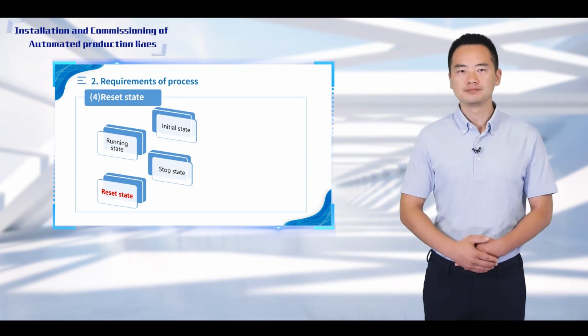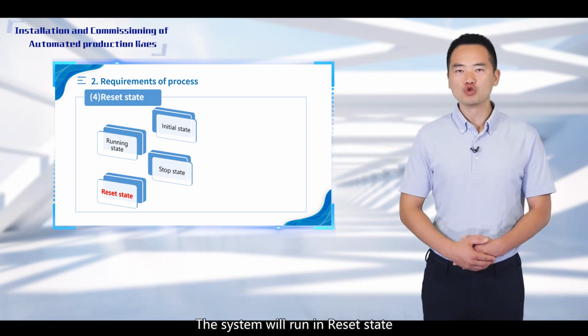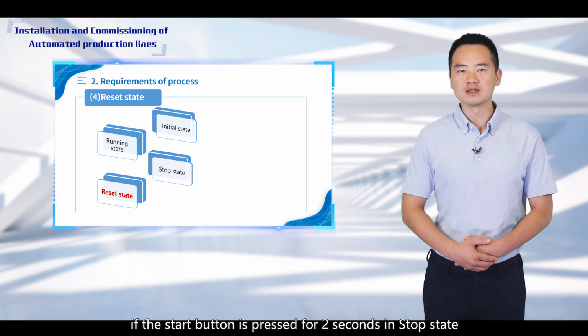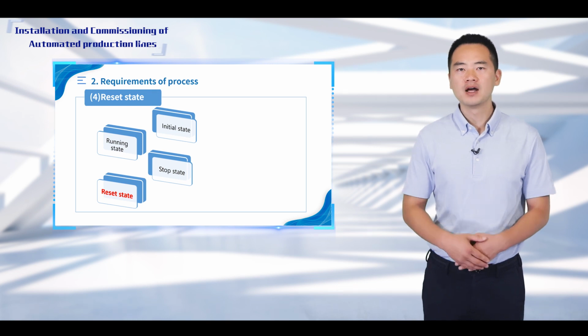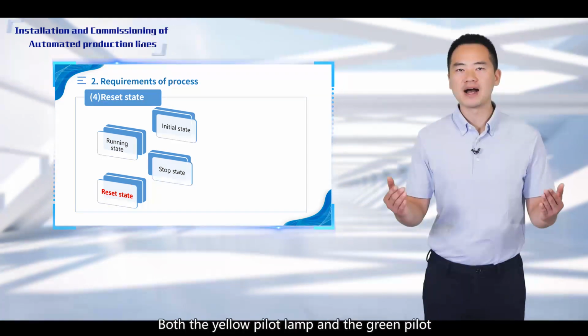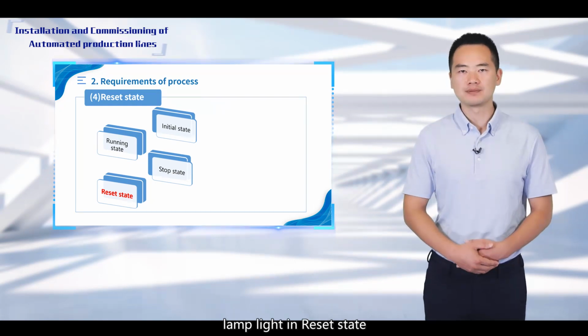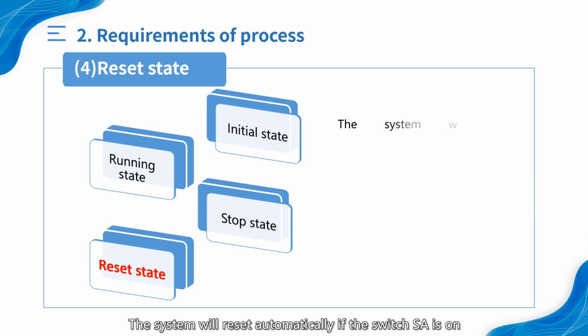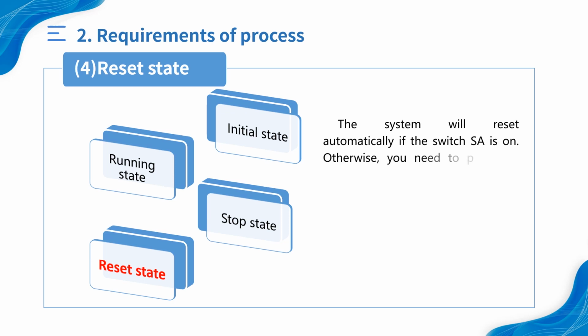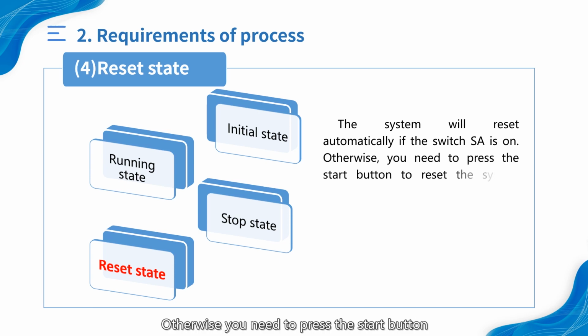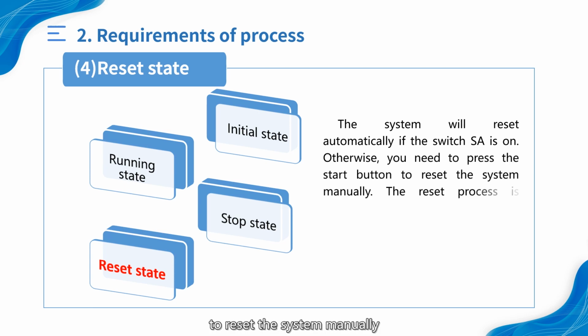Reset state. The system will run in reset state if the start button is pressed for 2 seconds in stop state. Both yellow pilot lamp and the green pilot lamp light in reset state. The system will reset automatically if the switch is on. Otherwise, you need to press the start button to reset the system manually.